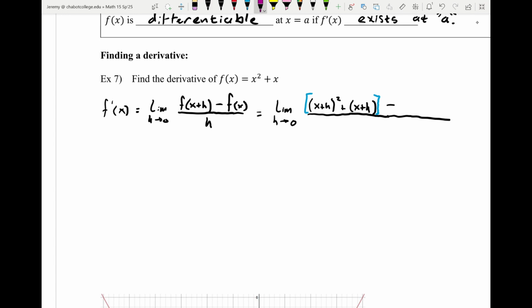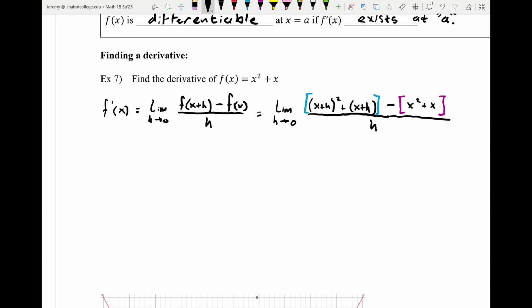Minus f of x, and that's just going to be x squared plus x. The grouping symbols are really important, mainly because this is subtraction here, so we have to remember to distribute that negative sign when we simplify the numerator. That's really easy to forget, so that's why I'm always really careful to put those brackets in there.